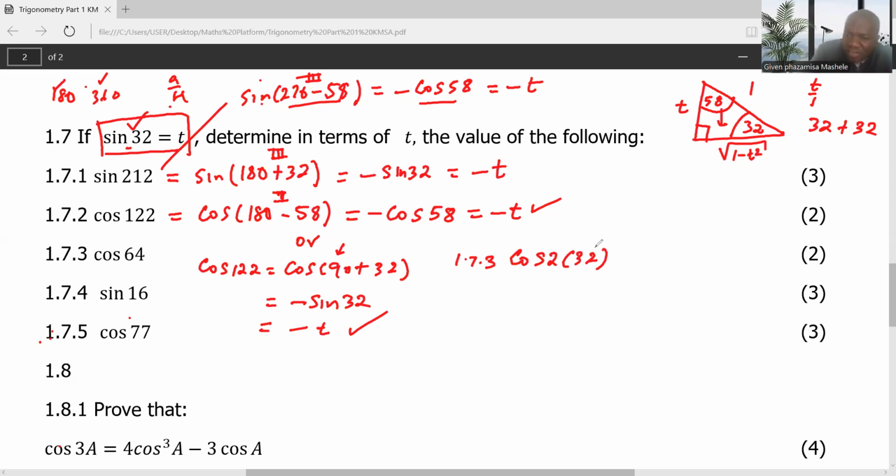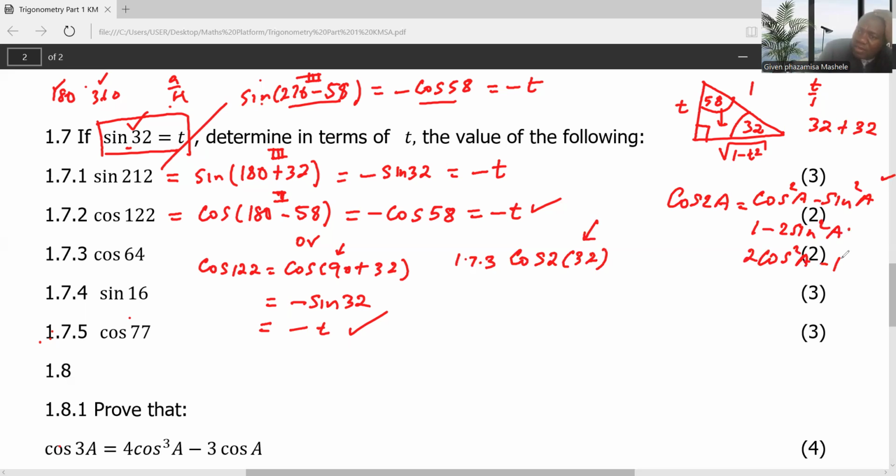If you look, I've written this as a double angle for cos. And we know the double angle for cos: cos 2a is the same as cos squared a minus sine squared a, or 1 minus 2 sine squared a, or 2 cos squared a minus 1. We can choose any of these. It will give us the correct answer.